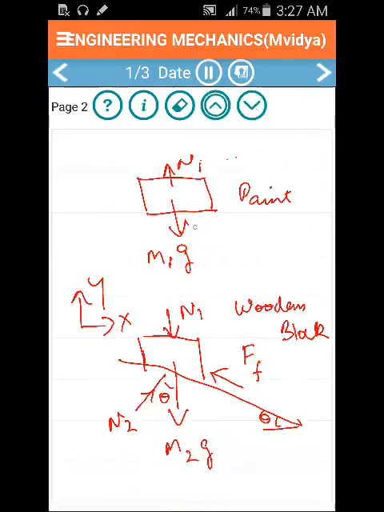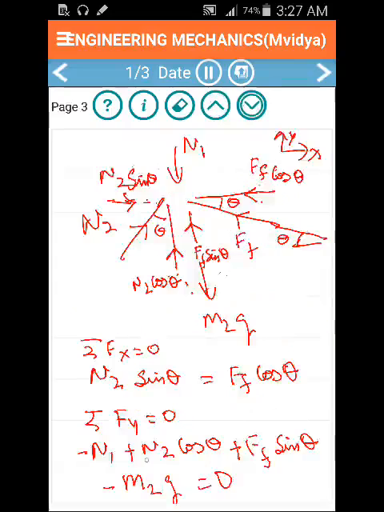From the previous free body diagram for the paint box, we have N1 equal to M1G. If I substitute N1 as 9 kilos, and I know the value of theta, I can get the unknowns: the normal force N2 exerted by the roof on the wooden block, and the friction force.